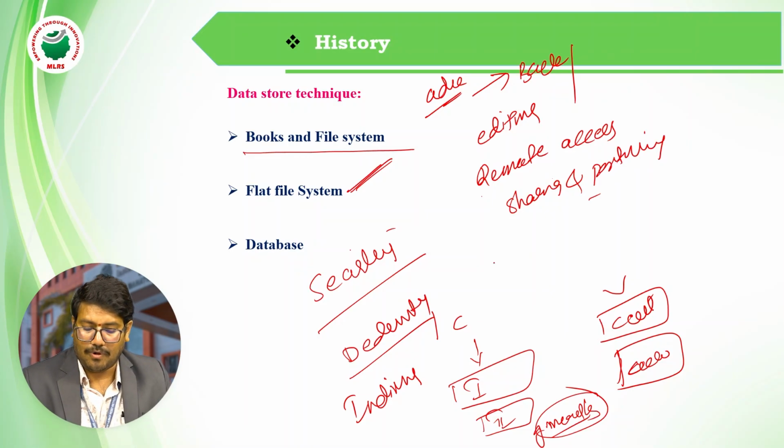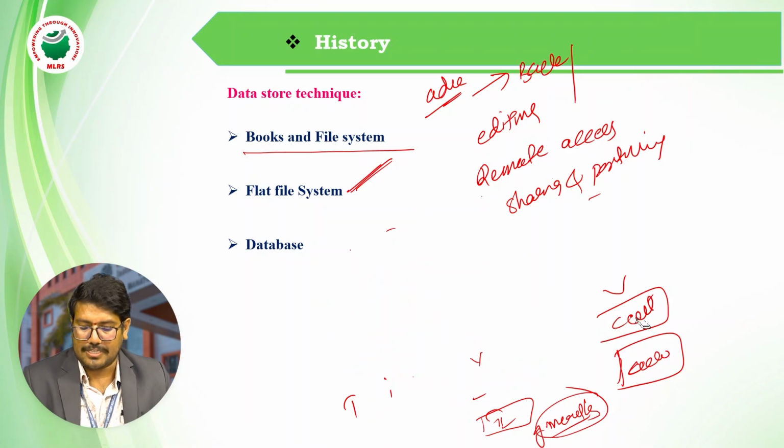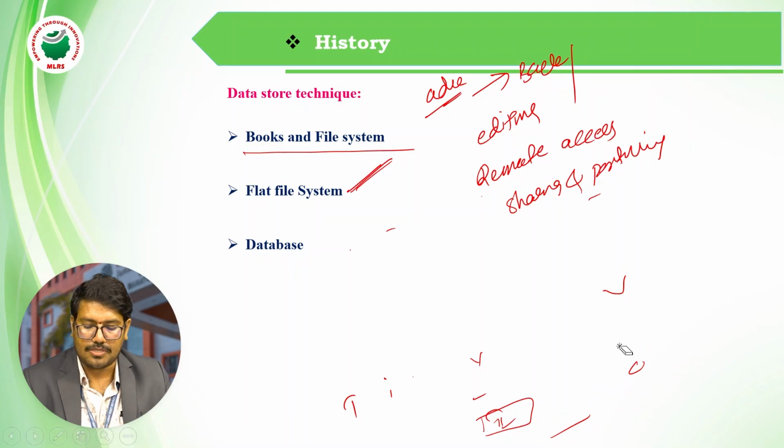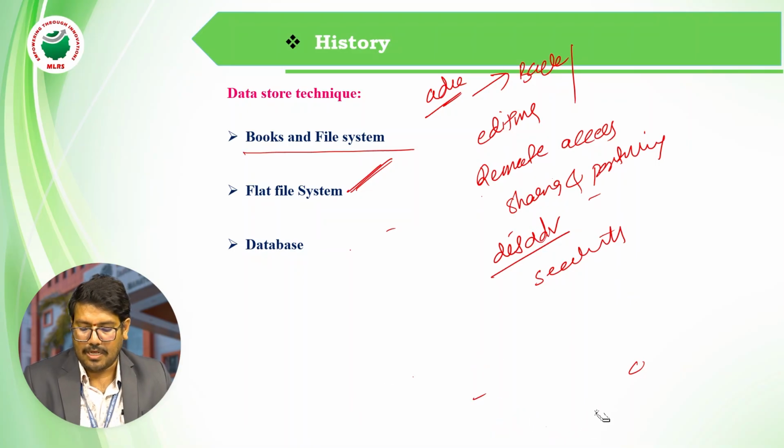We also have some disadvantages. The first one is security, because anybody who knows my password of the system can modify my data, can change my data. That is one drawback. The second drawback is data retrieval.